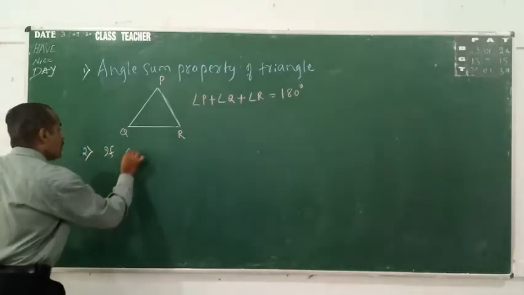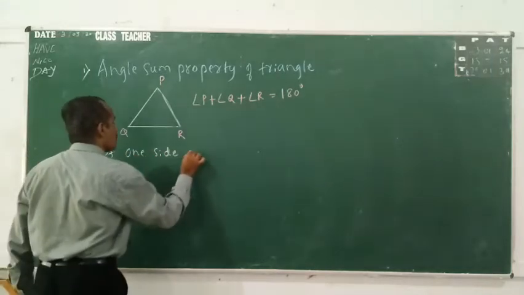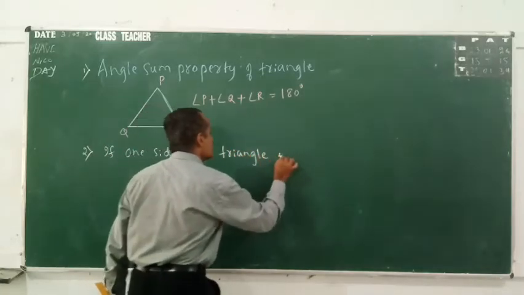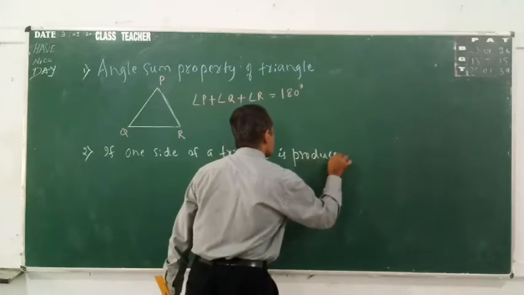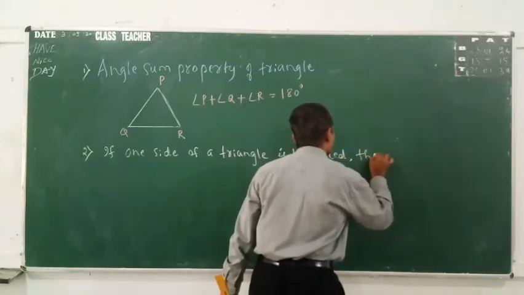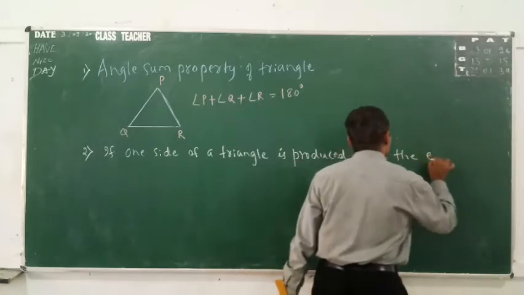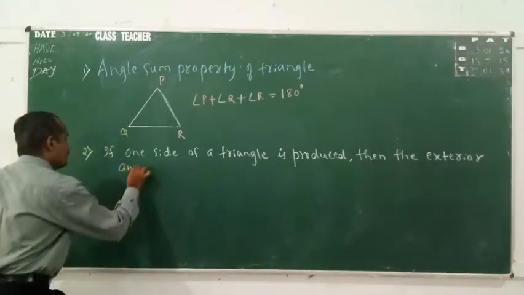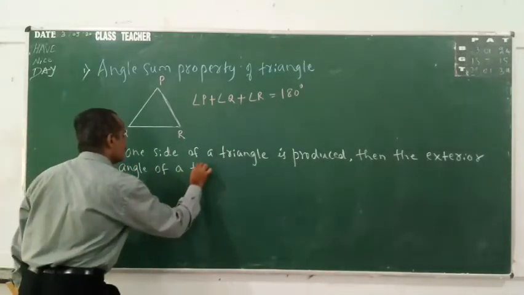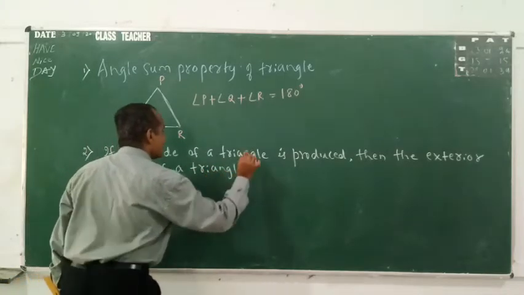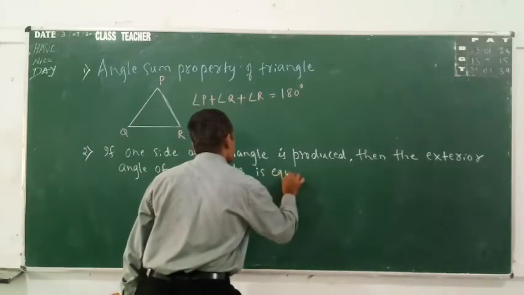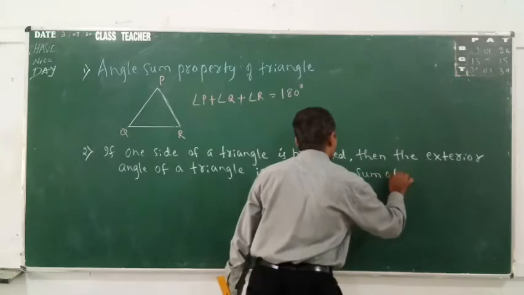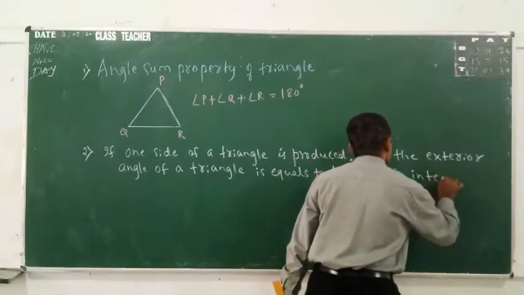See, if one side of a triangle is produced, then the exterior angle of a triangle is equal to the sum of interior opposite angles.